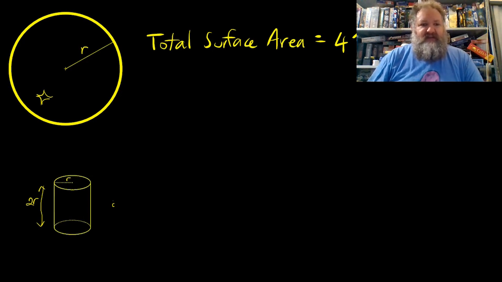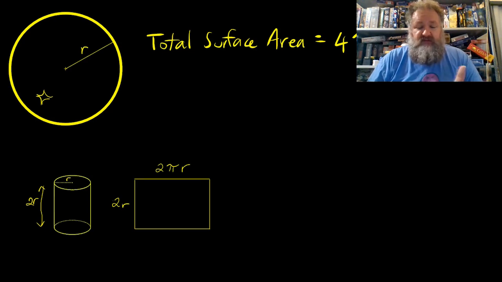So if we do that and then split the sphere and straighten it out, we are going to end up with a rectangle, basically, because that's all it was. It was like a tube. If we look at the distances of the height of this rectangle, well, the height, because the sphere didn't actually change dimension in terms of how much height it was, it's still just 2r. But the circumference of the sphere around its equator is equivalent to 2 pi r.